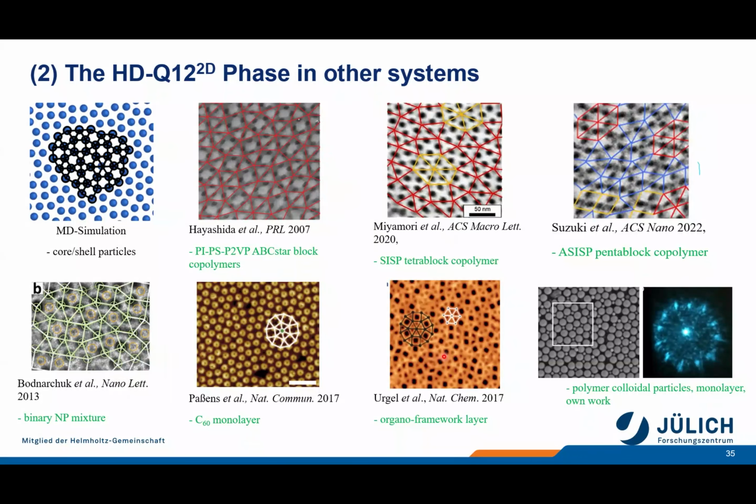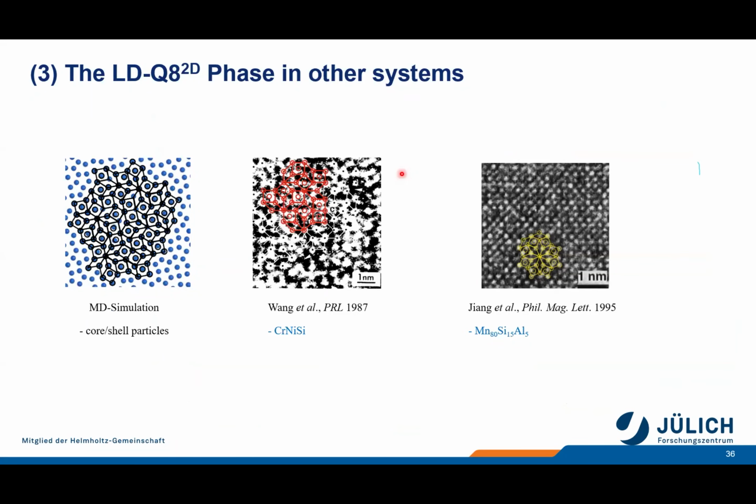And this is an organo framework monolayer. And this is a colloid layer that reproduced at the air-water interface. So these very different systems all show this high density Q12 phase, and it's in effect a result of packing and simple repulsive interaction.